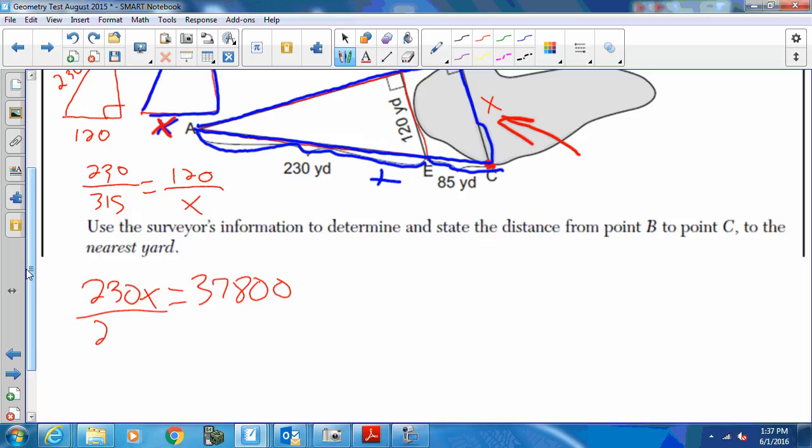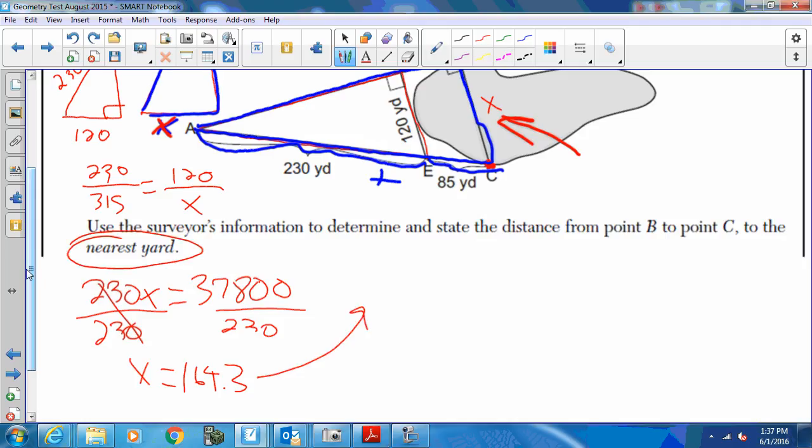Then you divide by 230. Divide by 230. You get x is equal to 164.3. It says round to the nearest yard. That means you don't want any decimals. So this would equal 164 yards.